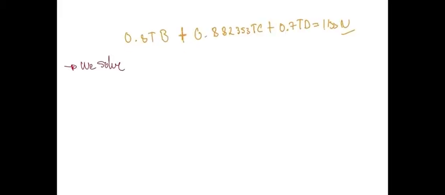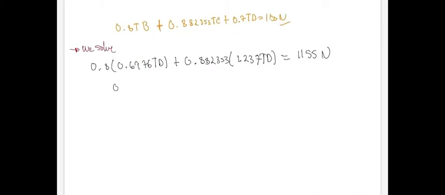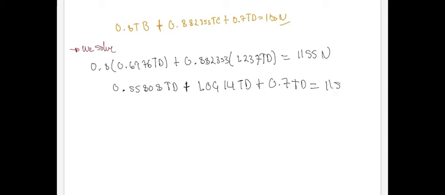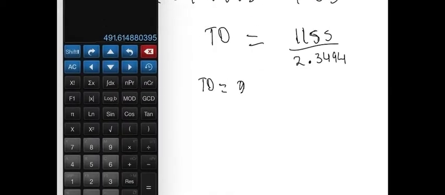And usually what we can do is substitute the TD that we got balancing the rest of the components, and calculate TD by solving this equation. So after calculating this equation, I got the tension in newtons, and after this I calculate the angle.